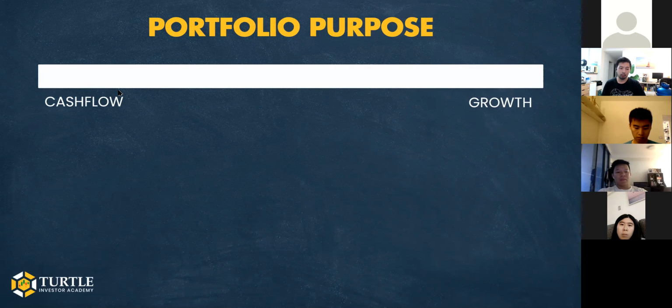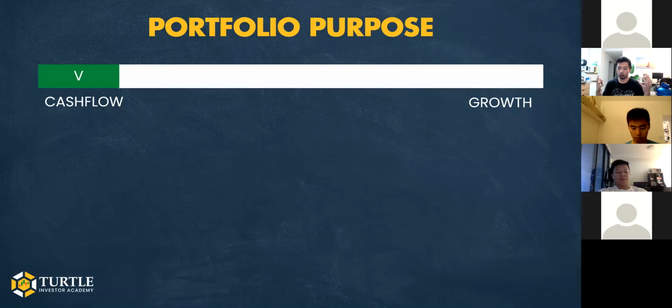So your purpose doesn't have to be either one. It can be similar to a dial, right? You can say, hey, I want my whole portfolio to start as just a cash flow portfolio, which means 100% cash flow, which is what we teach in the money maker course.